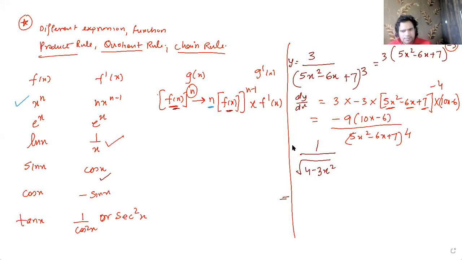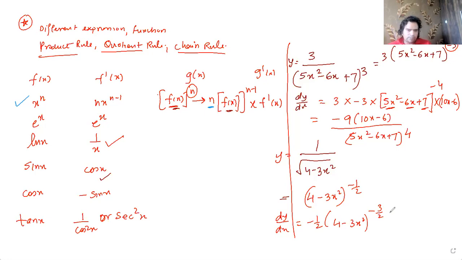Now let's take the next example, which is 1 over root of 4 minus 3x squared. First you modify this as 4 minus 3x squared to the power negative half, because root is to the power half, and if you take it up, it becomes to the power negative half. Here your dy by dx is going to become negative half times 4 minus 3x squared to the power negative 3 by 2.